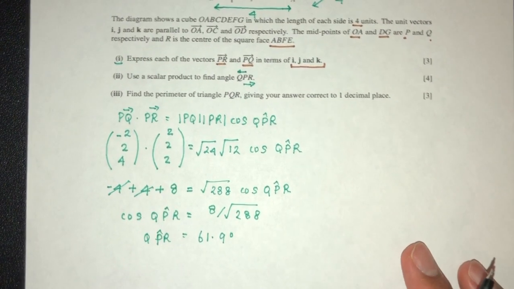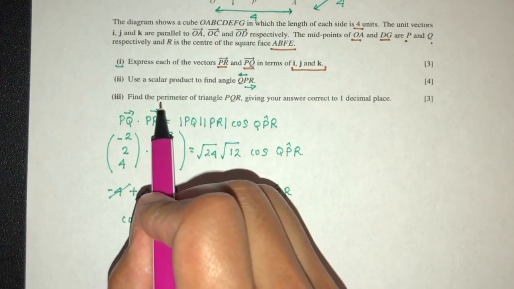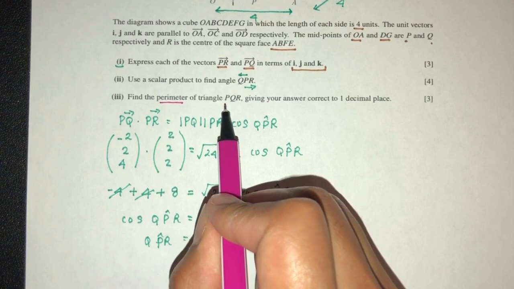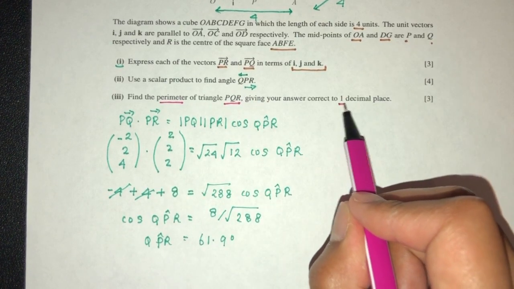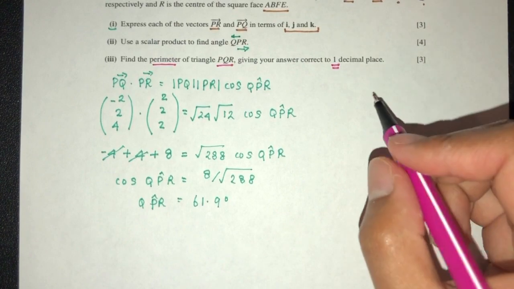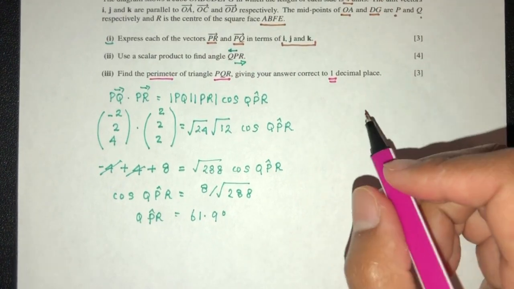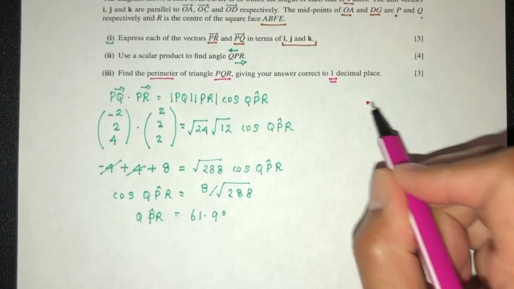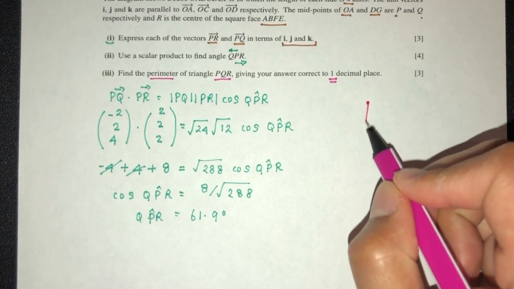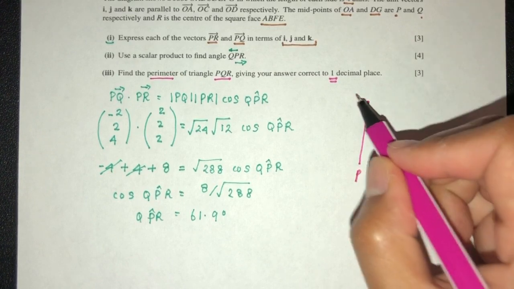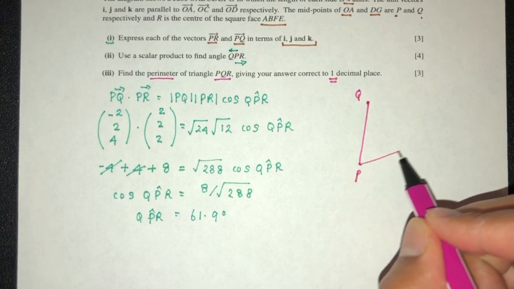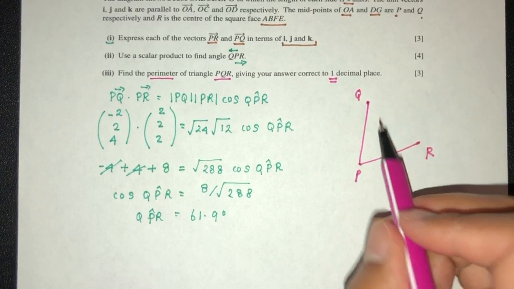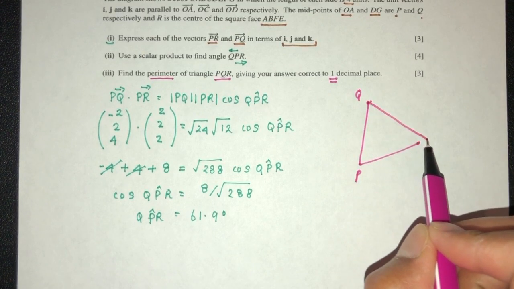Now for part 3, we have to find the perimeter of the triangle PQR, giving your answer correct to 1 decimal place. So pretty easy. For example, let me write this down, we have this point here, Q, P, and R. Right, so we know a few things already.